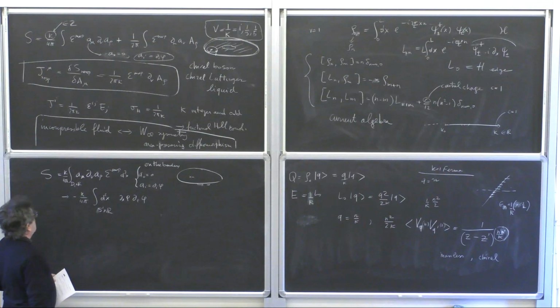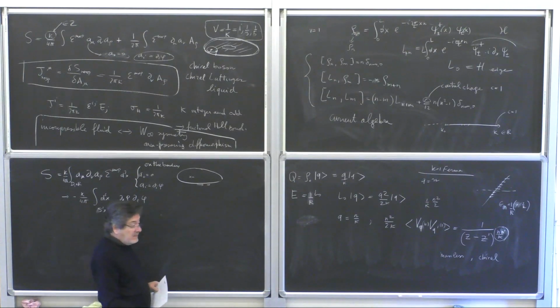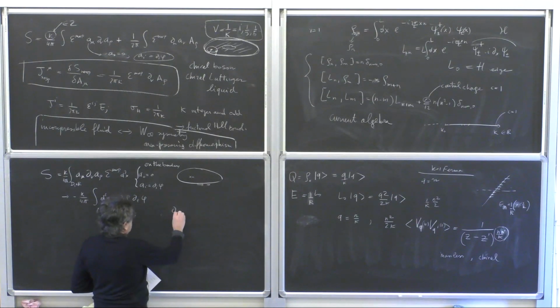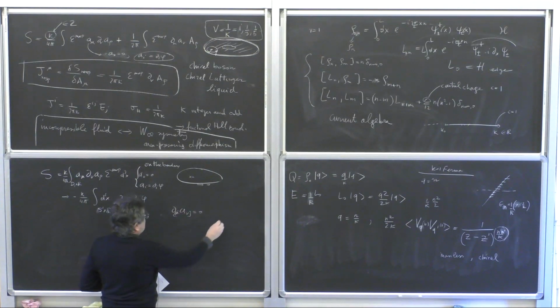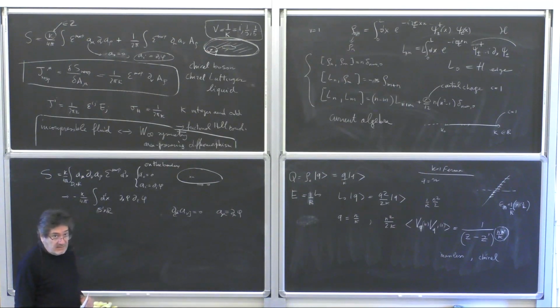Okay. There are several ways to derive this, and one way is, for example, you solve the equation of motion in the bulk, in absence of sources. That gives you d_mu A_nu equal to 0, antisymmetrized, and the solution is A_mu equal to d_mu phi. So you solve the equation of motion in the bulk.